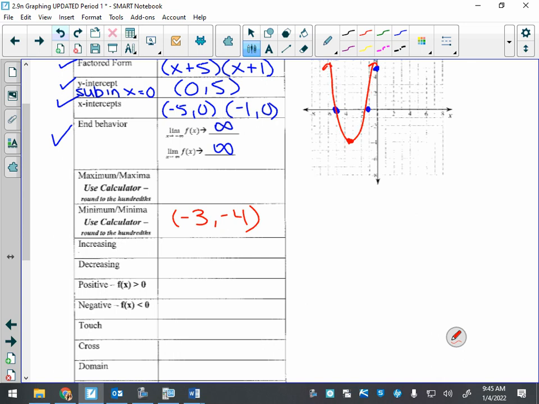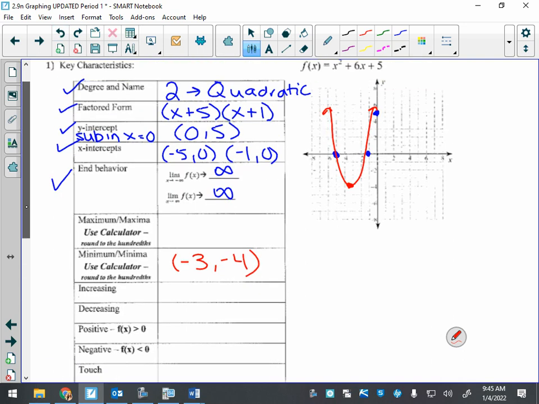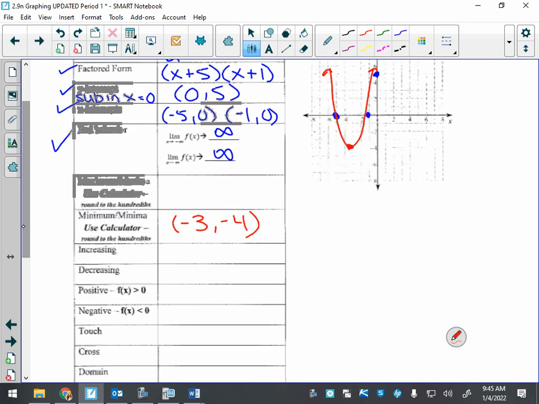Okay, here's your curve. So looking at your graph, where am I increasing? This is now going back to functions. We're bringing functions back. Where am I increasing? Jax? -3, infinity. Good.